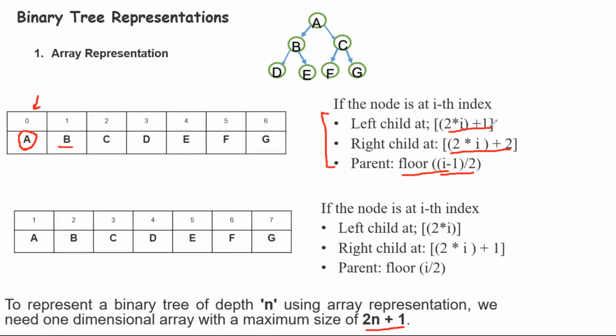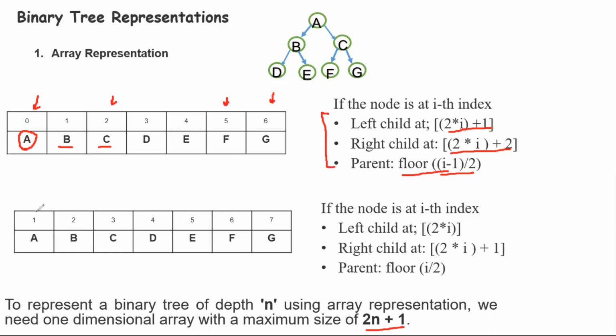And the right child at position 0 plus 2, 2. For example, C here at position 2, the left child is at position 5, and the right child at position 6.